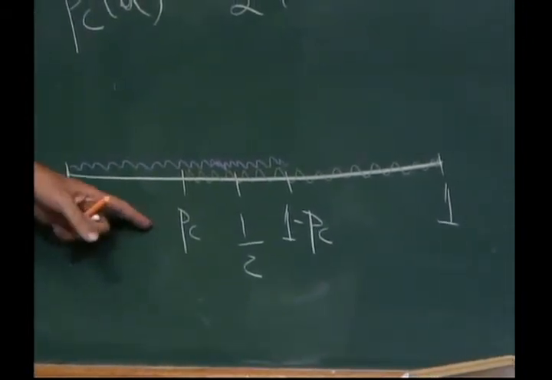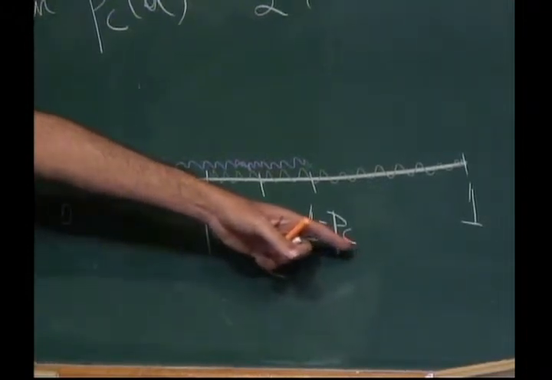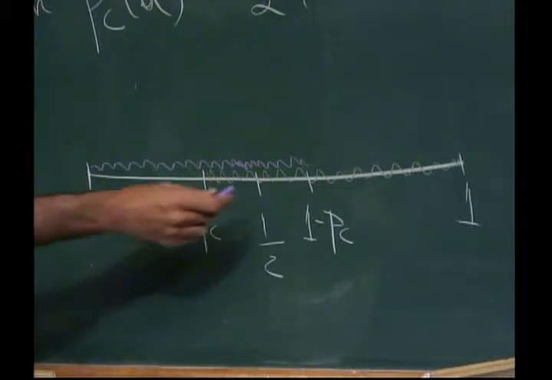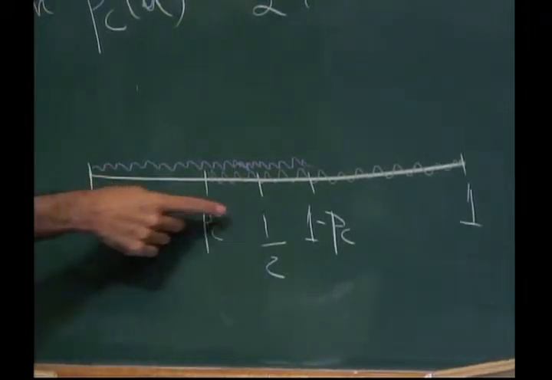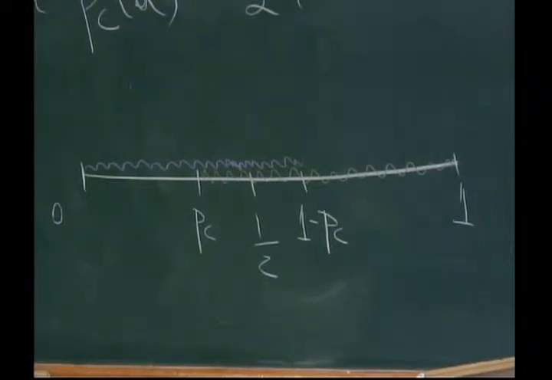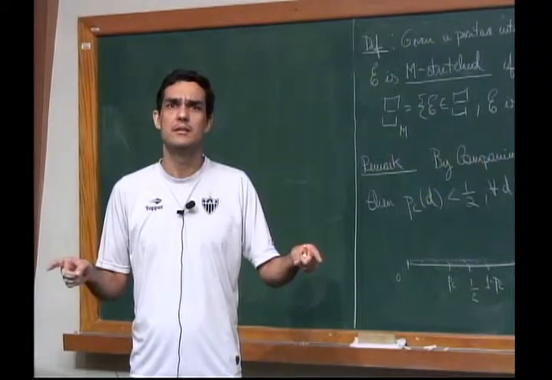If p_c is the percolation threshold for percolation of ones, 1 minus p_c is the percolation threshold for percolation of zeros. Then in this interval between p_c and 1 minus p_c we have percolation of both monochromatic words, zeros and ones. This is very important for us. Is it clear?